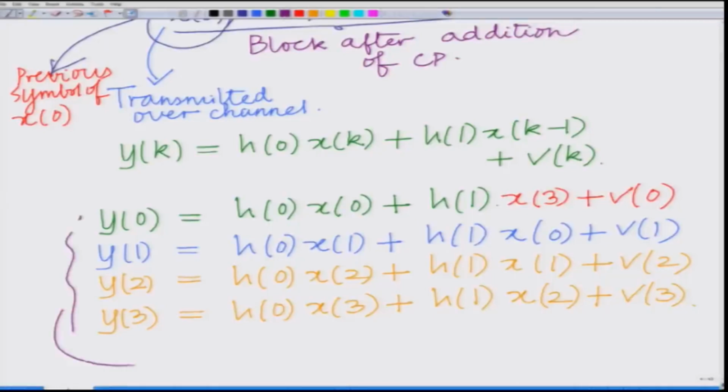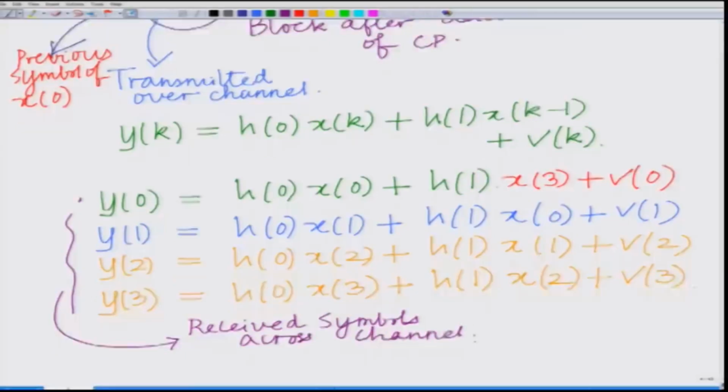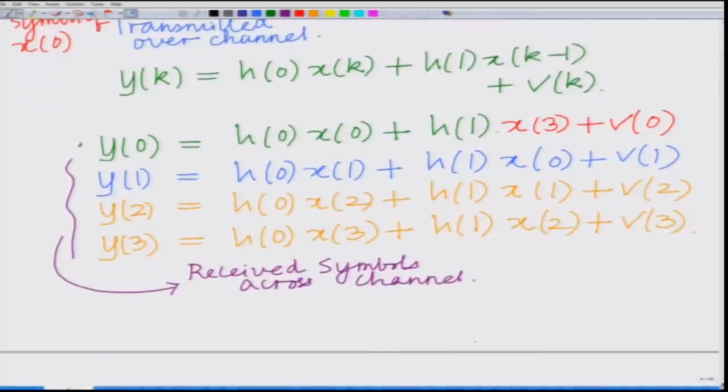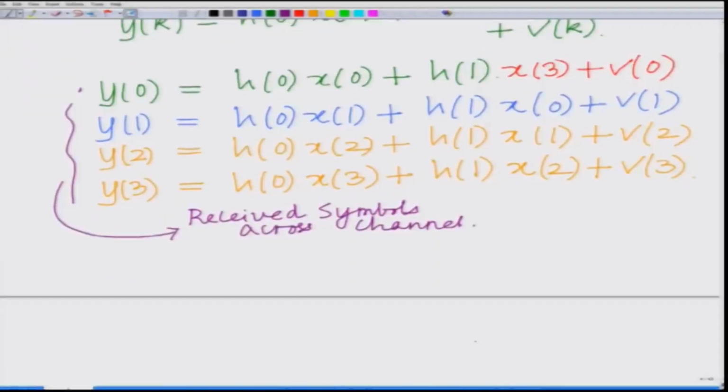And this now basically gives us the received symbols across the channel. Alright.